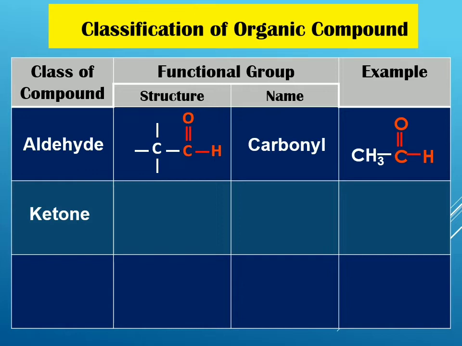And for ketone, the structure is made of C connected to the double bond O. The difference between aldehyde and ketone is they both have a C double bond O, but for ketone, the carbon is connected to two carbons, whereas for aldehyde, one side is connected to a carbon and the other side is connected to a hydrogen.